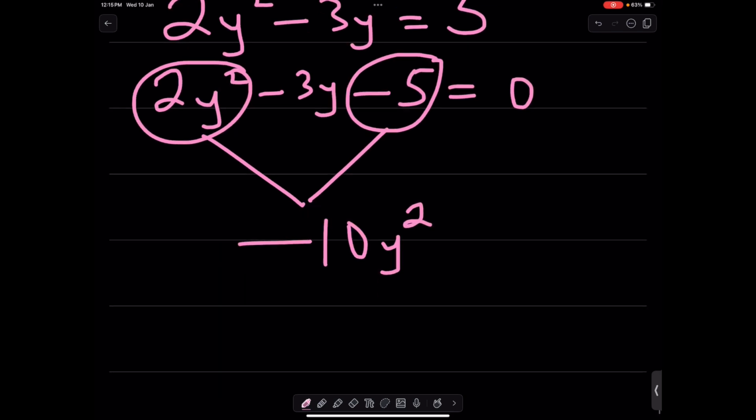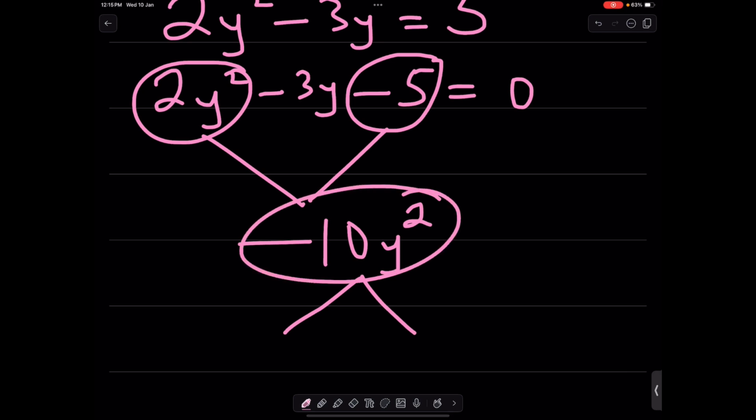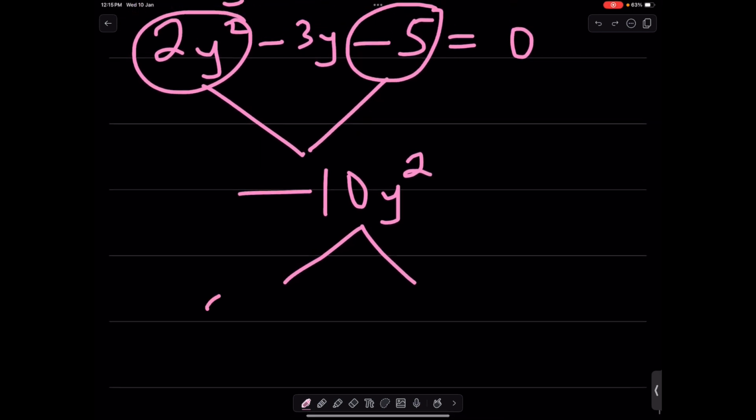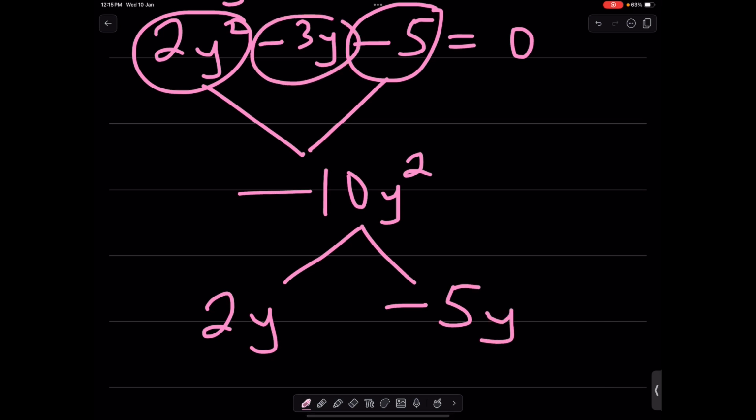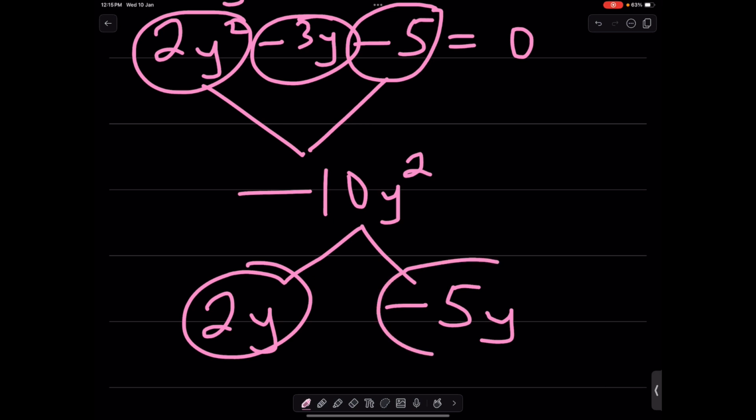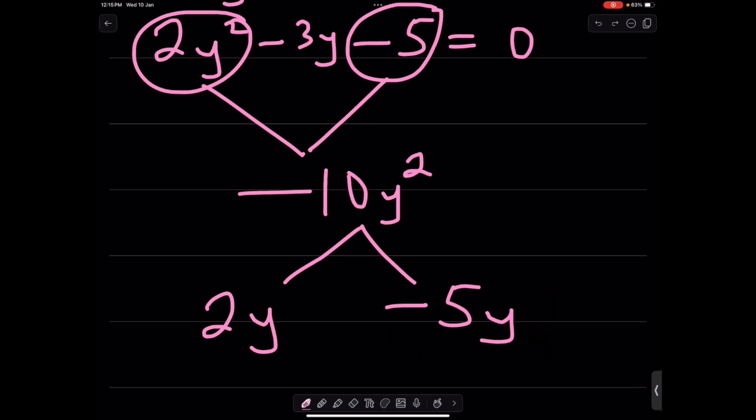Now we think of two factors whose product is minus 10y squared and whose sum is minus 3y. What are those factors? Those factors are plus 2y minus 5y. So you replace minus 3y with plus 2y minus 5y. And what do we get when we do that?